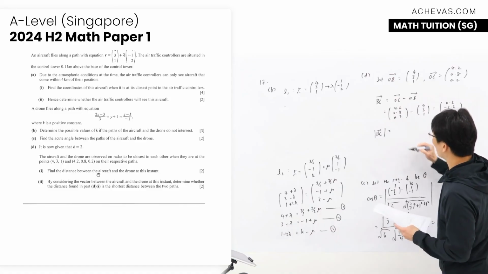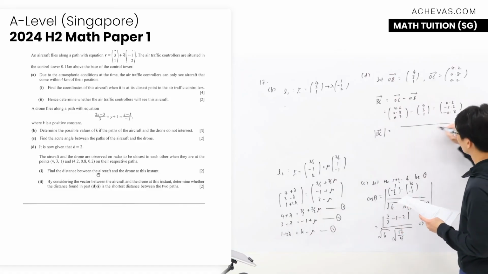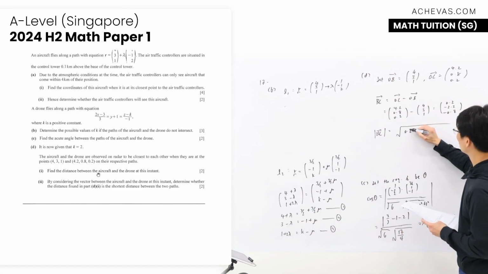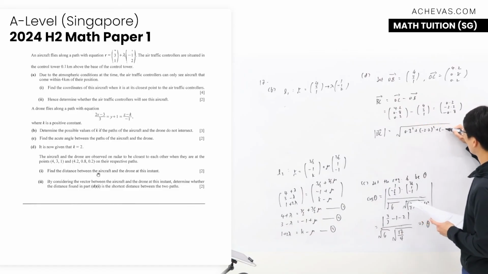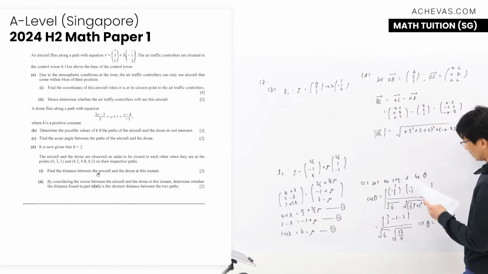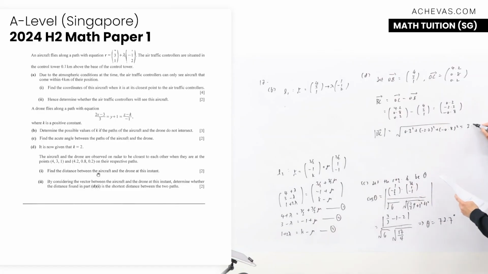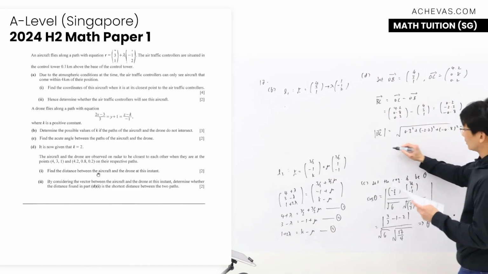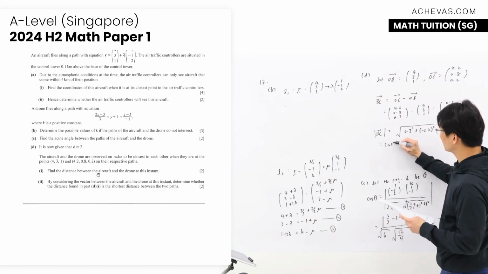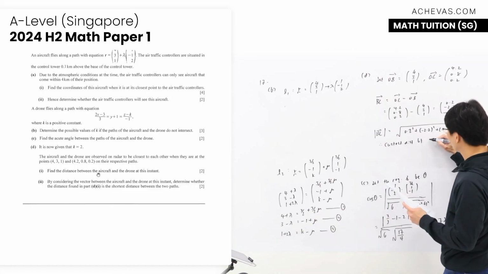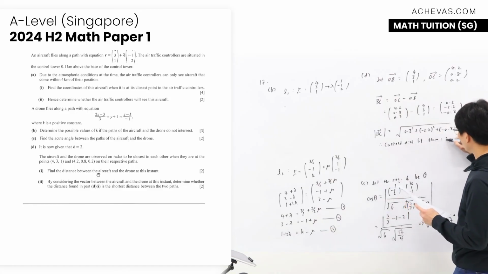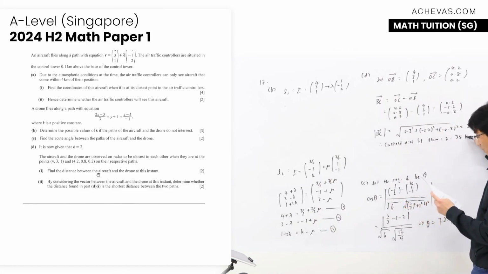That is the distance between the aircraft and the drone, which is the square root of 0.2 squared plus (-2.2) squared plus (-0.8) squared. This will work out to become 2.35. I can conclude, therefore, the closest distance between them will just be equal to 2.35 kilometres.